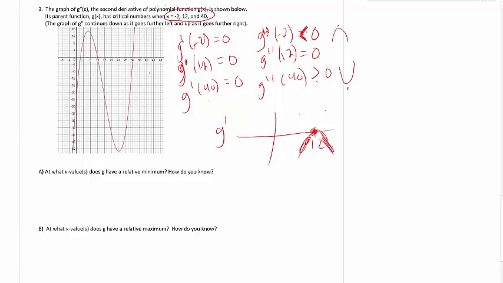So again, g prime's slope changes from increasing to decreasing because its derivative values change from positive to negative. Therefore, there is no sign change in g prime, which means g will not have any extrema at that point.